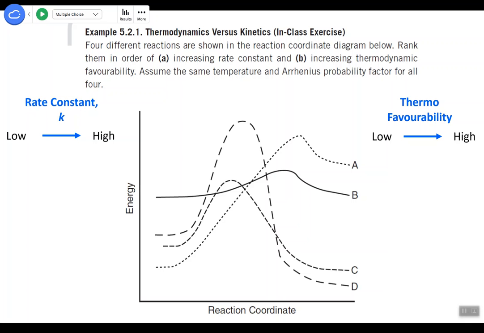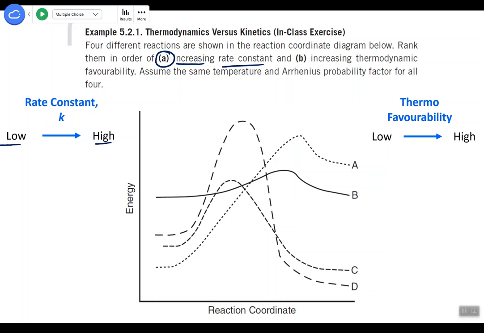Let's look at these 4 examples to illustrate that point. Part A, rank these reaction coordinate diagrams according to increasing rate constant. Increasing means from small to big.